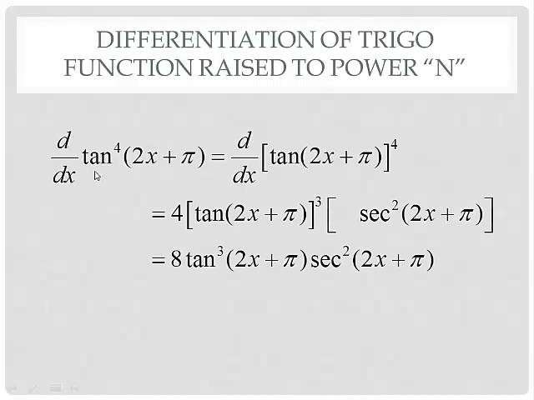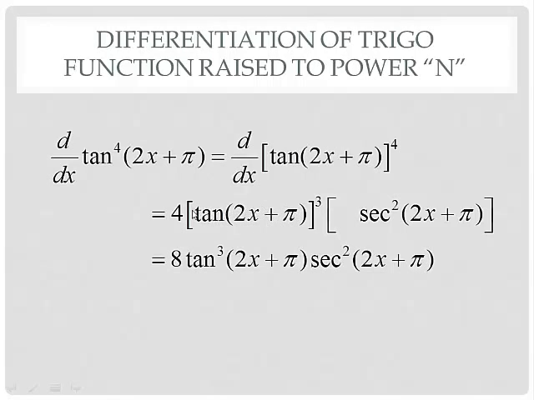Suppose you are asked to differentiate tangent power 4 of 2x plus pi. So what we do is, we rewrite the term into the differentiation of tangent 2x plus pi, whole thing raised to power 4. With this bracketed term, we can do our chain rule here. Power comes down, power minus 1, differentiate inside.